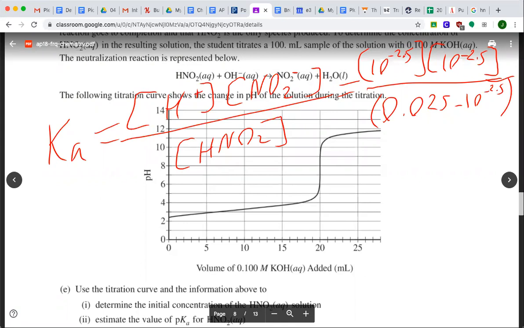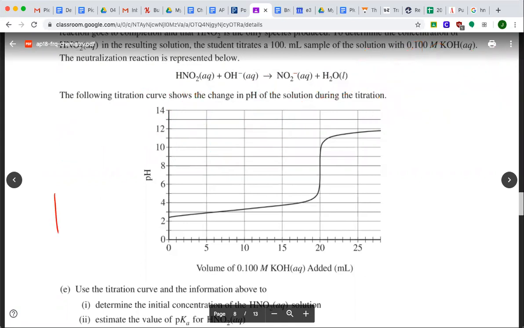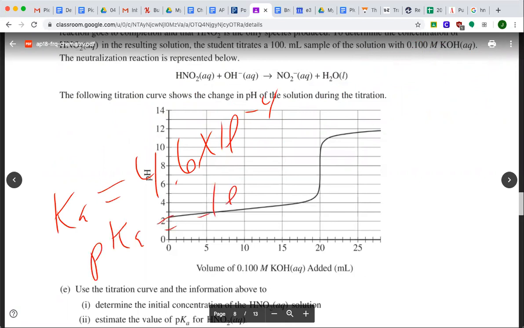Oh, it's one of the pKa. So Ka, so pKa is going to be the negative log of that thing. So why is this not erasing? Oh, turn on the stylus. Okay, so if Ka equals 4.6 times 10 to the negative fourth, then pKa equals negative log of 4.6 times 10 to the negative fourth.